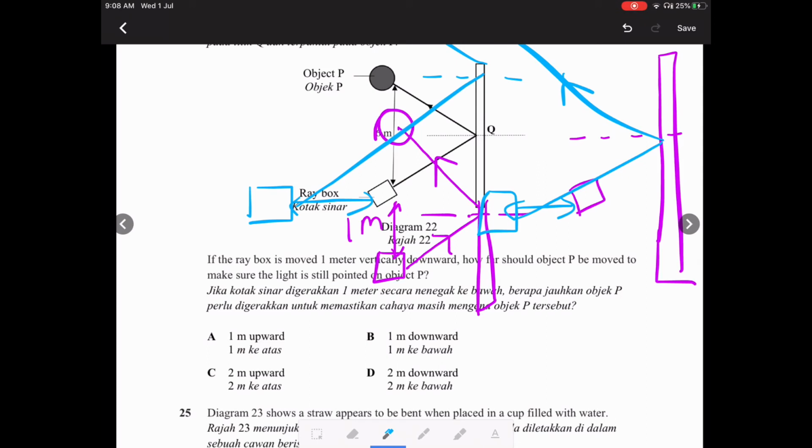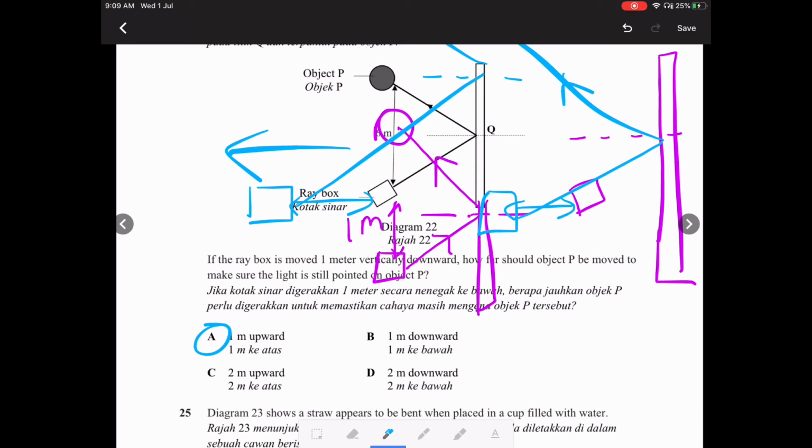Okay, so maknanya pergerakan dia tu ialah move 1 meter vertically downward. So maknanya dia bergerak ke arah sini. Kalau dia bergerak ke arah sini, betul, dia adalah naik 1 meter upward. Okay, so dalam kes ini dia ada 2 jawapan lah.